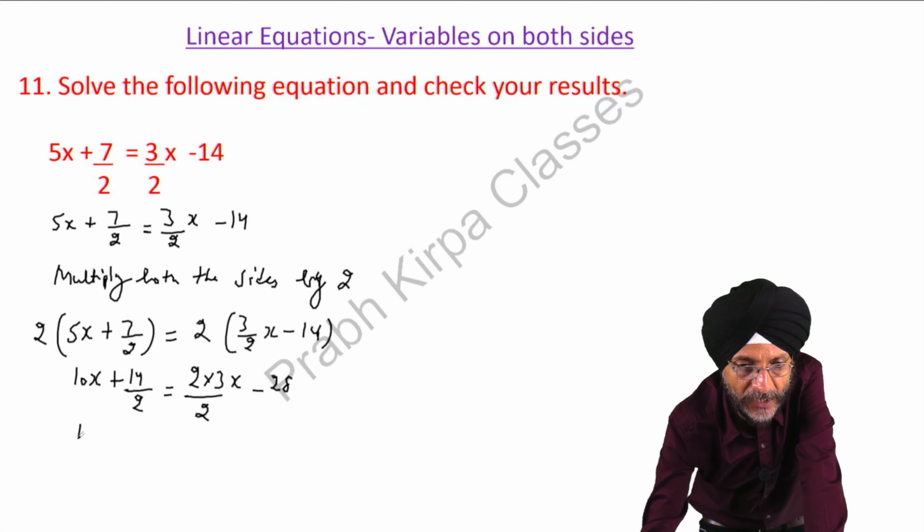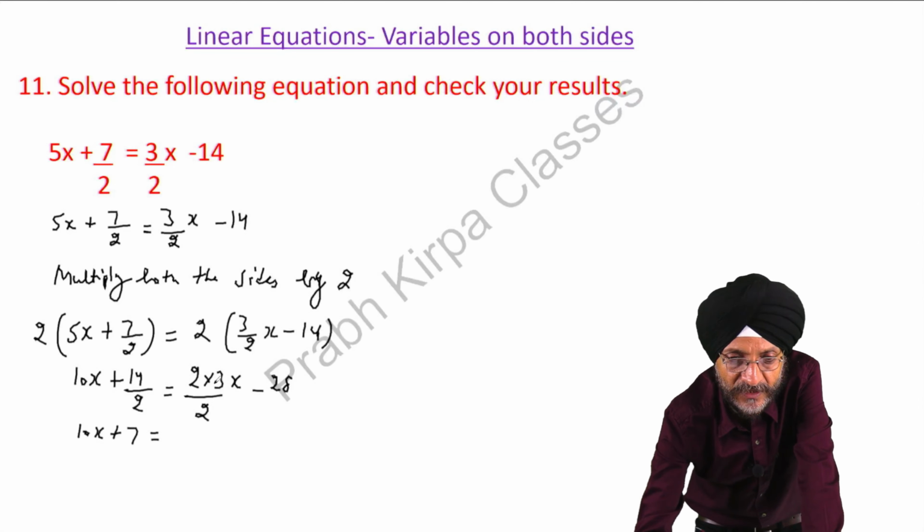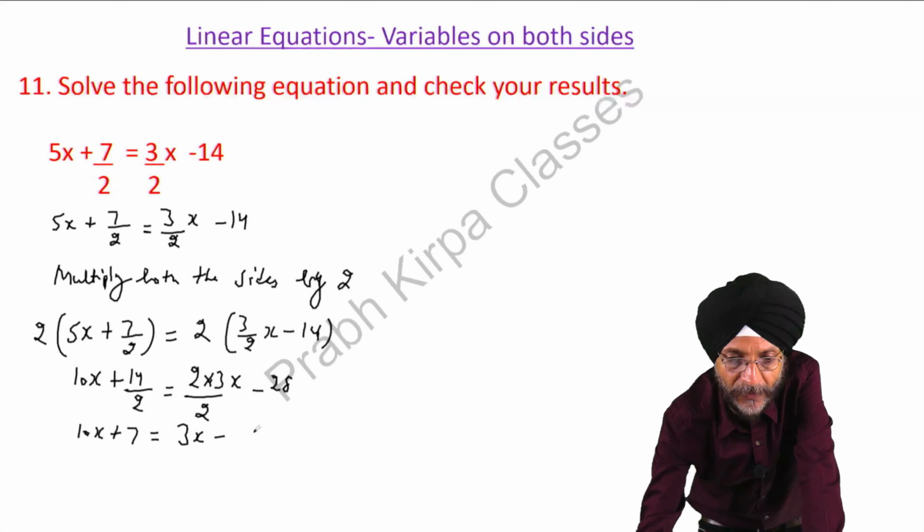So 10x plus 14 divided by 2 is 5x plus 7, then 2 into 3, the 2 will be divided by 2, then it becomes 3x minus 28.